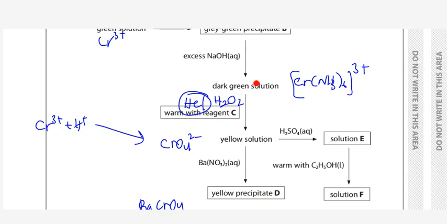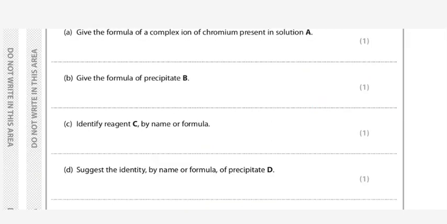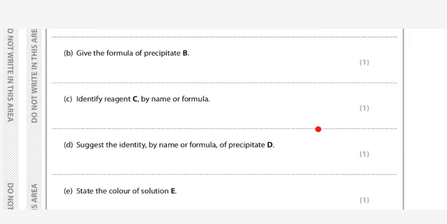To oxidize chromium 3 plus to chromate, with the electrode potential half cell values, E cell values, the best is hydrogen peroxide. In alkali conditions, yes. Just asking for the reagent. Main reagent is hydrogen peroxide. Conditions are not necessary because they're not asking for the condition.